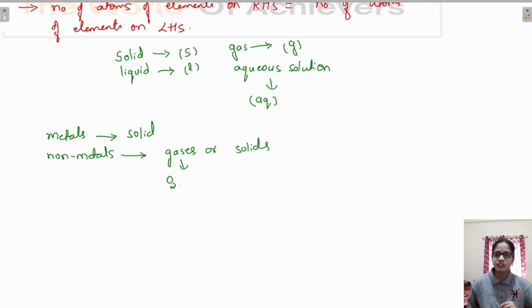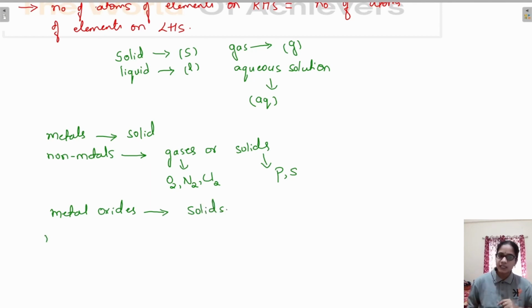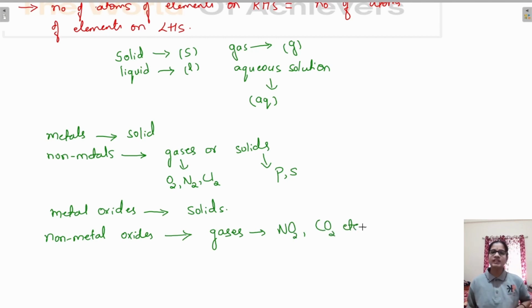Gases like oxygen, nitrogen, chlorine, or solids like phosphorus and sulfur. Metal oxides are solids, and non-metal oxides are gases like NO2, CO2, etc. In this way, you can have some general idea about the physical state symbols of reactants or products.